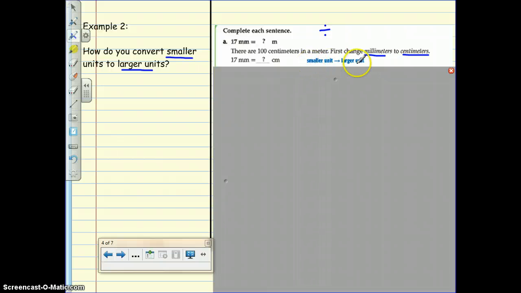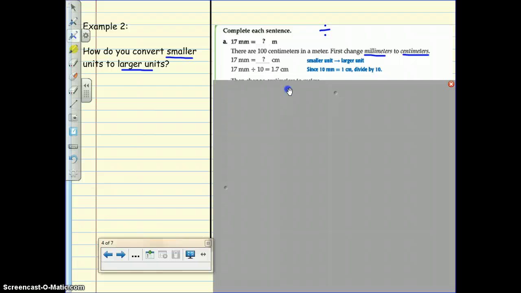Smaller to larger means we divide. When we go from 17 millimeters to an unknown number of centimeters, we take that 17 millimeters and divide by 10 to get 1.7 centimeters, since there are 10 millimeters in 1 centimeter.